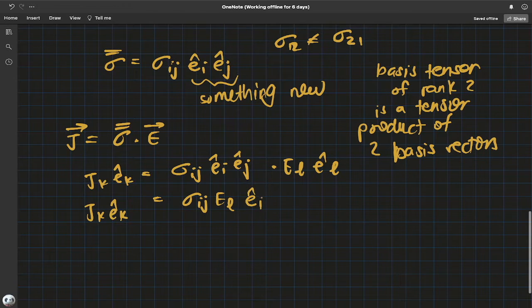We'll have e_i as it is, multiplied with the dot of e_j hat and e_l hat, which results in a Kronecker delta jl. If you simplify a little more, it will be sigma ij, e_i hat.